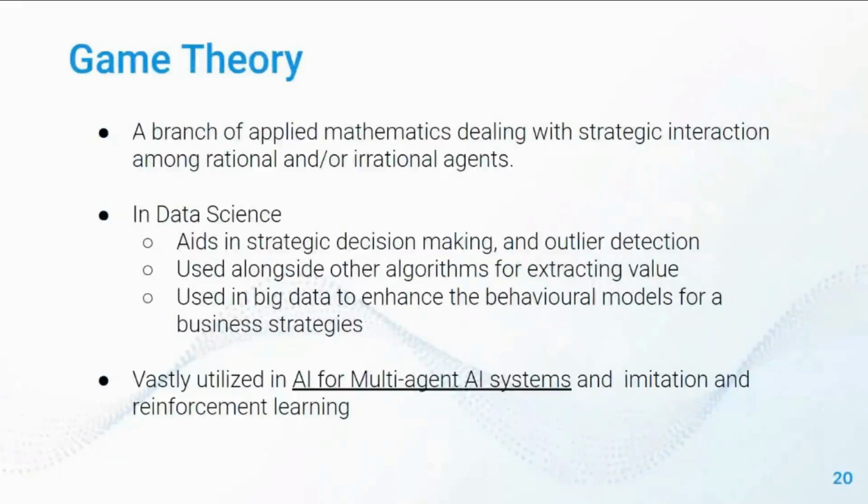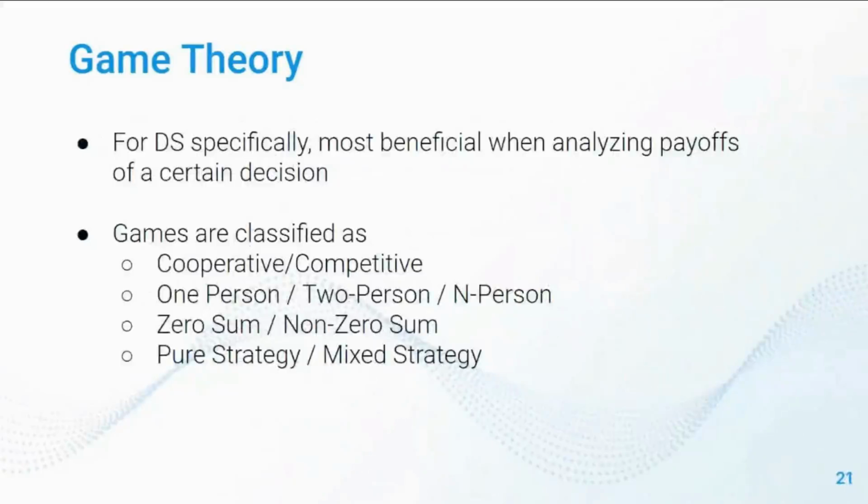But basically, it's utilized in AI more so than in data science specifically, and that will tie into the next presenter's presentation really well. For data science, it's most beneficial for analyzing payoffs of certain decisions. Again, when it comes to businesses, this is of great importance, but it's not something that's utilized in every area of data science. The games are classified as cooperative or competitive in terms of the way you behave.